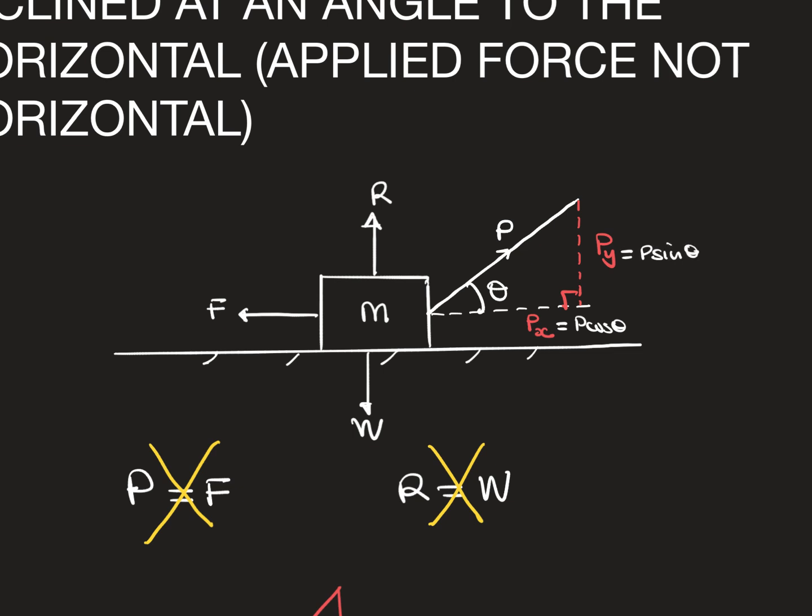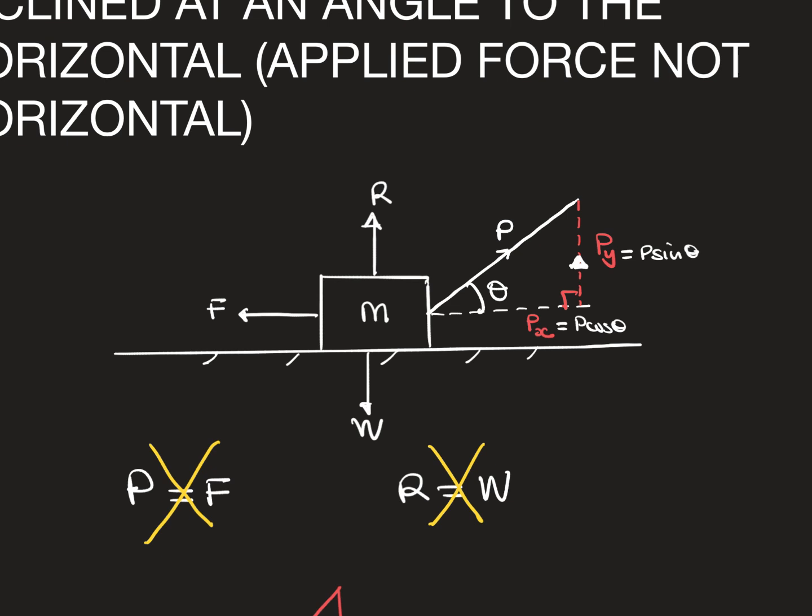Then we can make another resolution here. Because we have two vertical forces, which are the normal reaction R and Py, we can now say R plus Py is equal to the downward force, which is the weight.